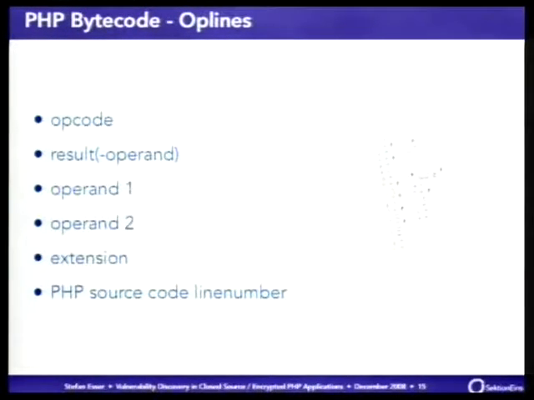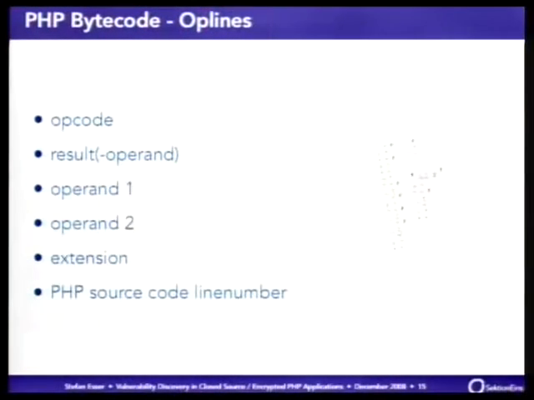For every op line, the PHP bytecode stores exactly one command. You have there the opcode, like in many other, if you know assembly language, you know that you have usually an opcode and some parameters, and in PHP bytecode it's the same. You have the opcode, there are about 150 different opcodes in PHP. They are all very high level, and then you have an optional result operand, and you have 1, 2, or 3 optional operands.